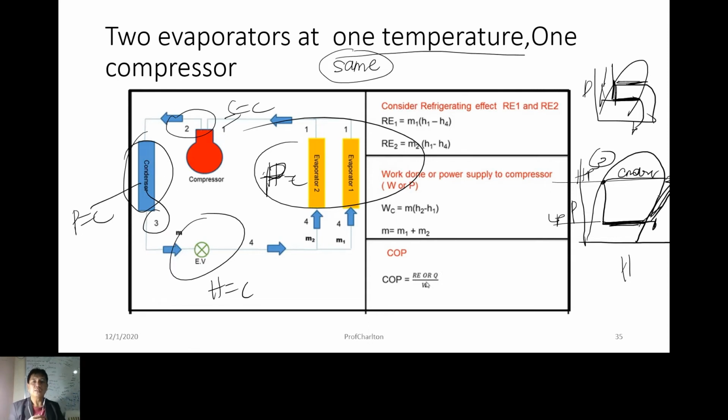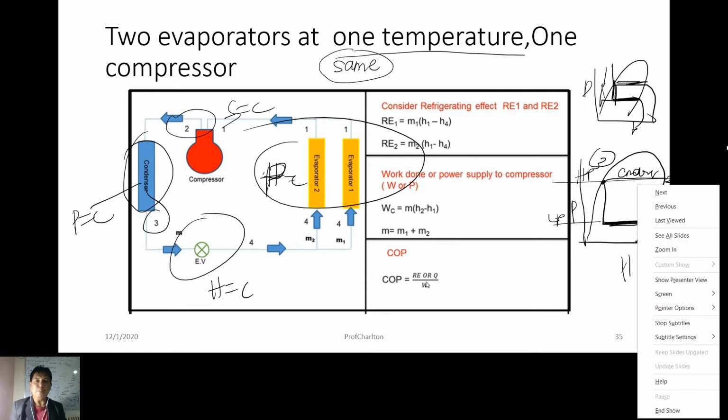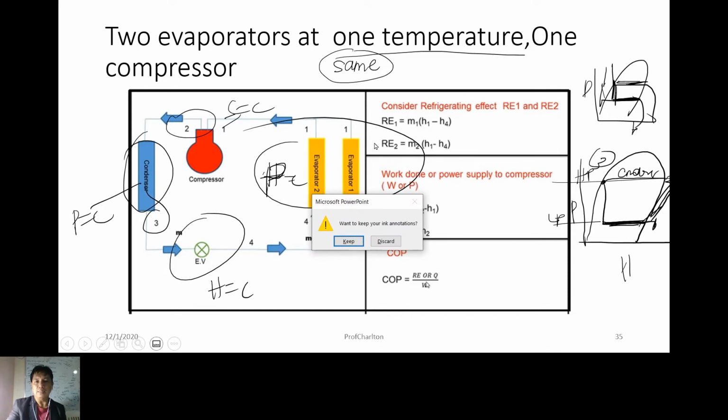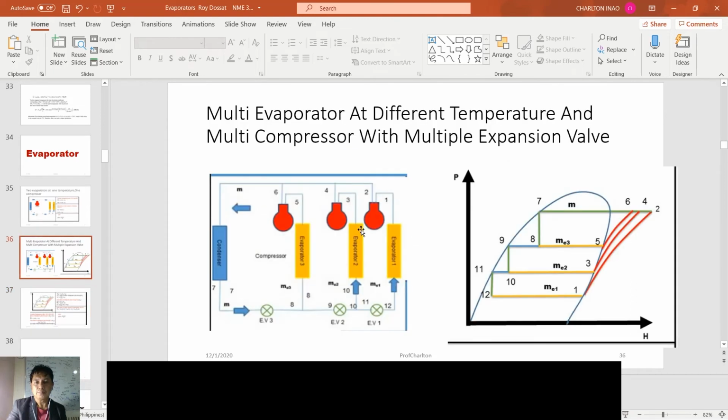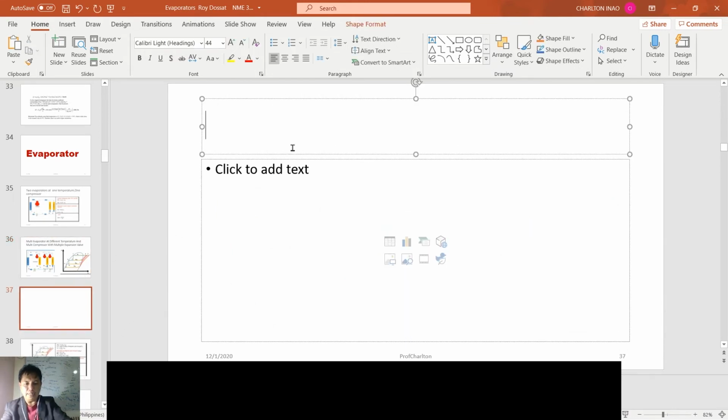So what if we have two evaporators at different temperatures? Let's look.